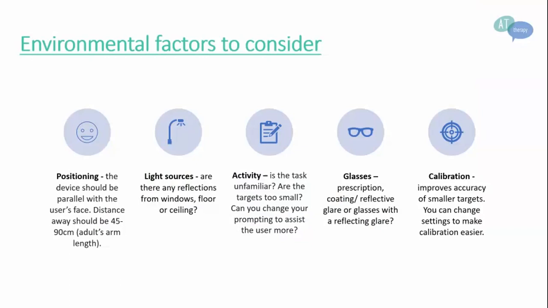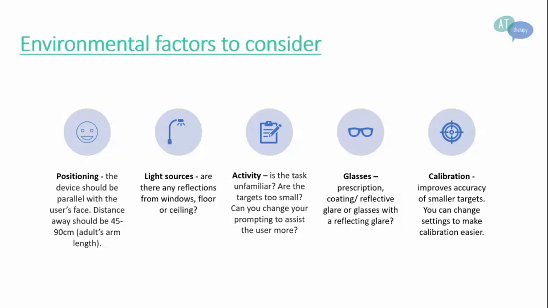If we have mounted that, so it might be mounted on a mounting arm to somebody's wheelchair, the time that takes to set that positioning up right can really drastically reduce. So that's quite a good reason that we might mount something to speed that up. Light sources can really play a bit of havoc with the infrared beam.